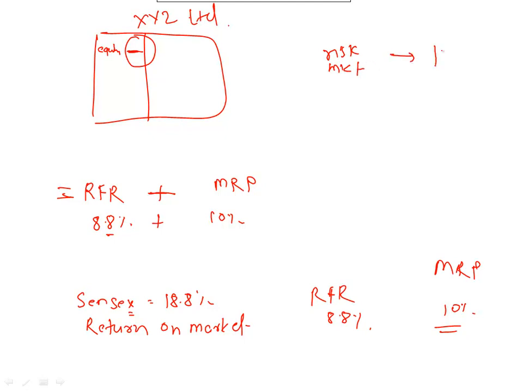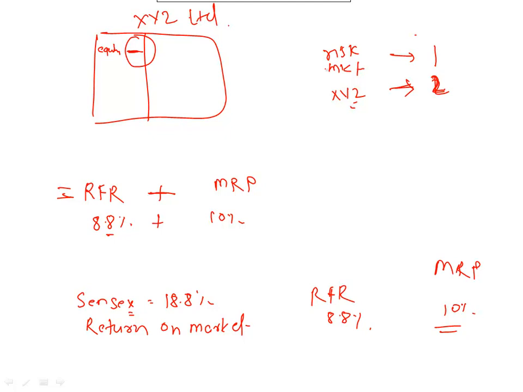I just attached a number to it. If security XYZ is more risky, there is a statistical formula through which we can calculate this risk, and we would do it later on. But let us say the risk for XYZ is 2. XYZ is 2 times riskier than the overall market.